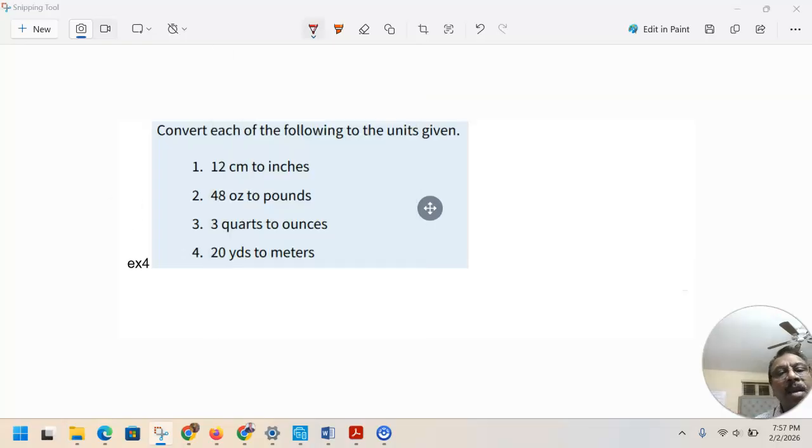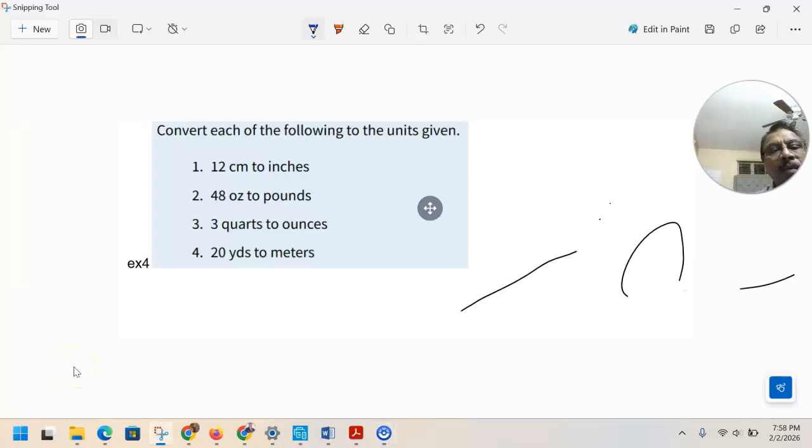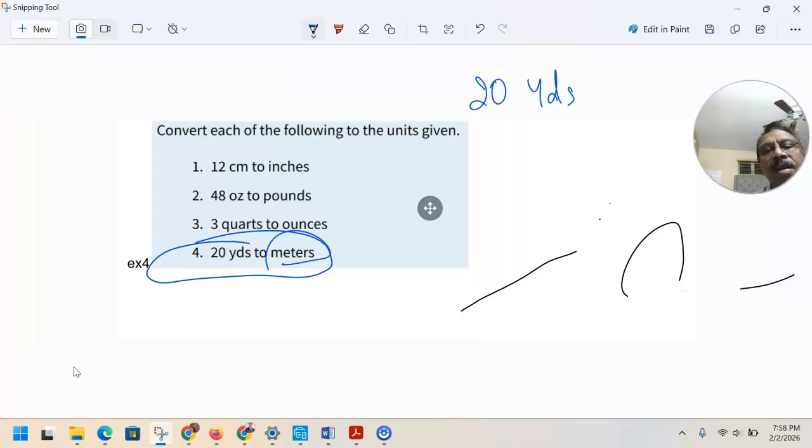Okay, the last one is for 20 yards. So let me write 20 yards, and you need to write this into meters, right?